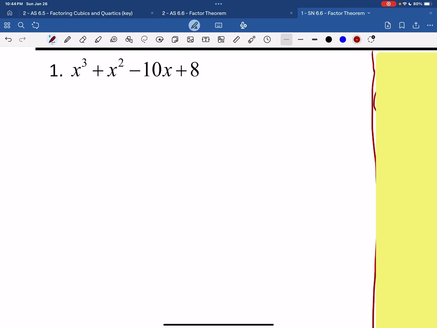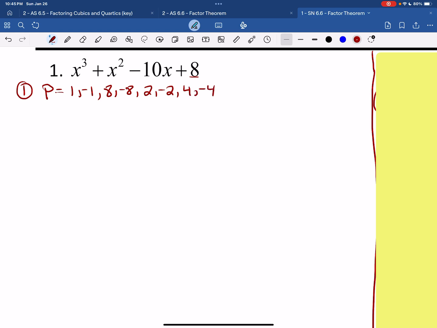First up, step number 1, we're going to find all the values of p, which in this case is 8, and it's plus and minus. So 1 and negative 1 go into 8, and then the other factors are 8 and negative 8, 2 and negative 2, and 4 and negative 4.